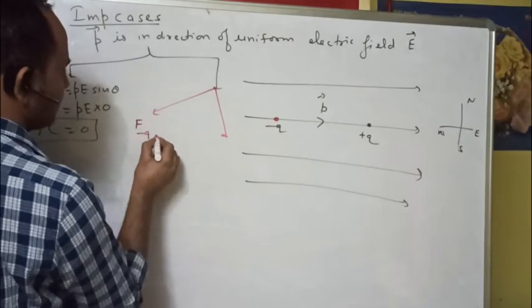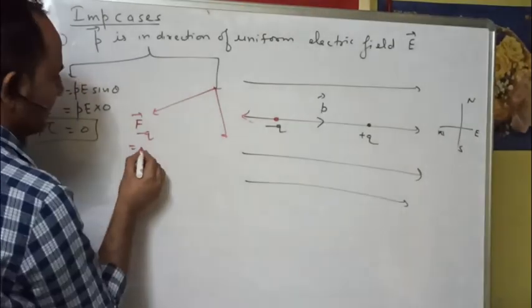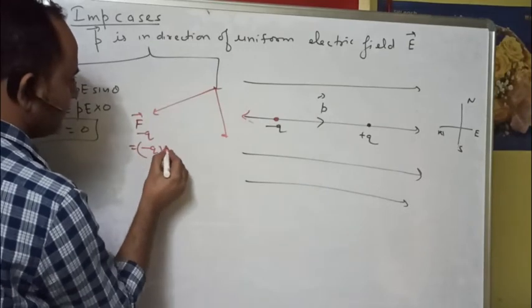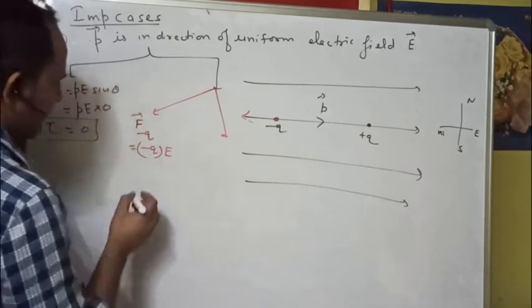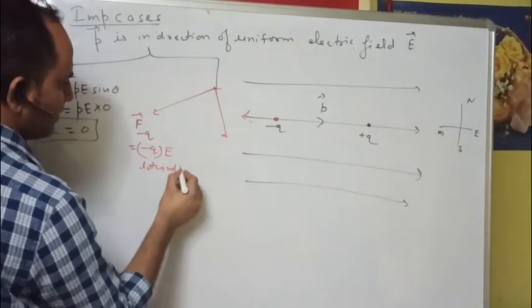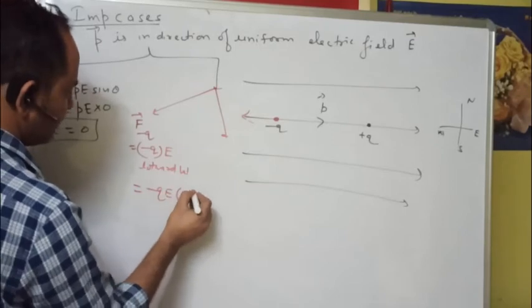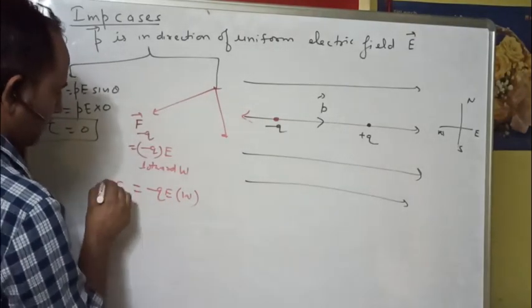So force on minus q will be how much? This will be charge, that is minus q, and electric field, that is E. And the direction will be towards the west. So it will be minus qE in the west direction, F minus q.